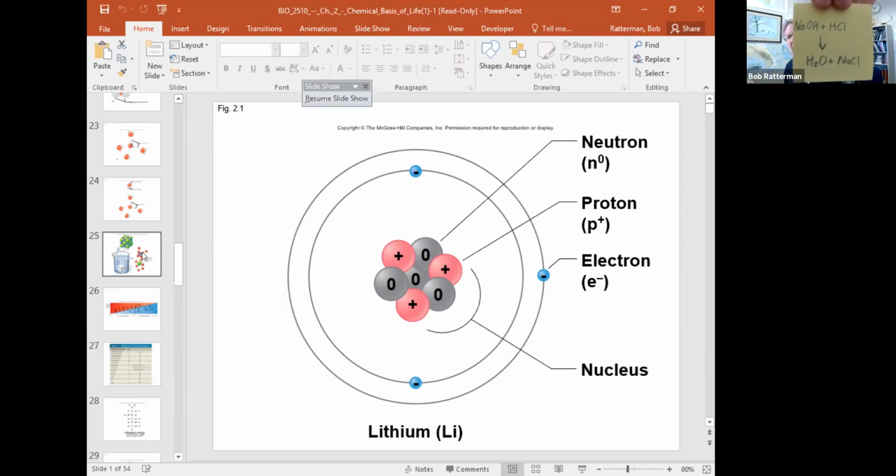NaOH, sodium hydroxide, plus HCl, hydrochloric acid, yields salt water. That would be an exchange reaction. NaOH plus HCl yields NaCl plus H2O. You're just rearranging the molecules to make different molecules. Okay.